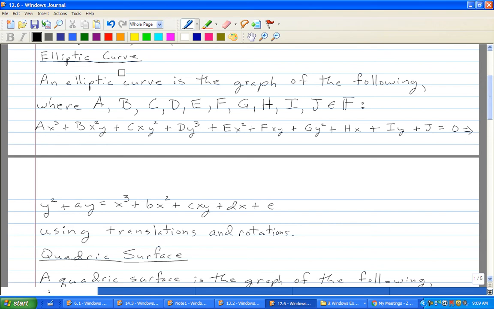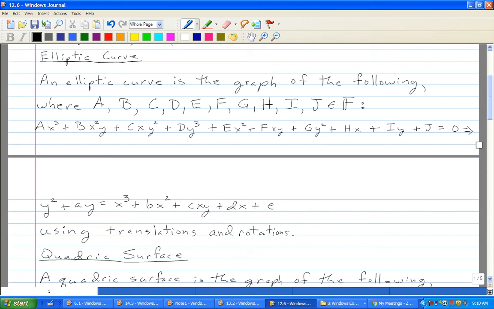Elliptic curve. An elliptic curve is the graph of the following, where A, B, C, D, E, F, G, H, I, J are members of some field, usually the rational field. Ax cubed plus bx squared y plus cxy squared plus dy cubed plus ex squared plus fxy plus gy squared plus hx plus iy plus j is 0.